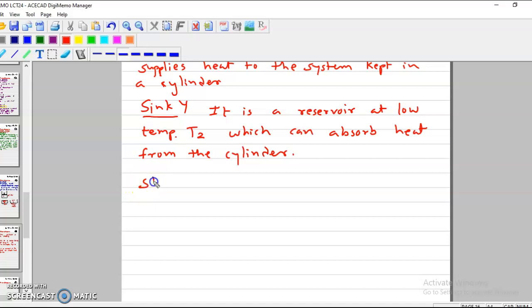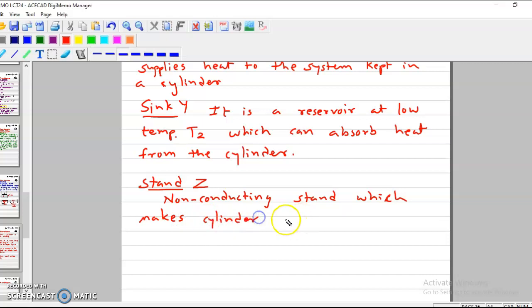Next is the stand Z. It is a non-conducting stand which makes the cylinder an isolated system.